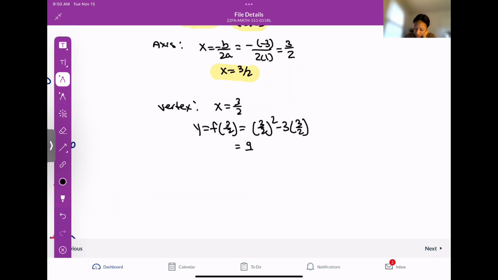That's 9 over 4 minus 9 over 2, which would be 9 over 4 minus 18 over 4. And finally, that's -9 over 4. So our vertex is the ordered pair 3 over 2, comma, -9 over 4.